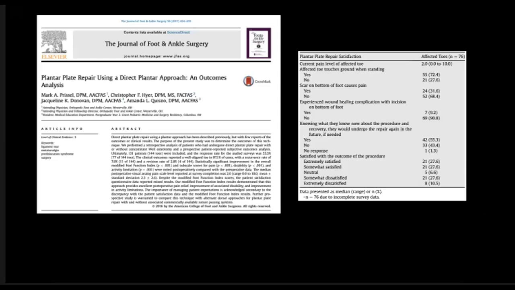But you know, plantar plate insufficiency pathology is not an easy thing to address surgically, and so whatever you feel comfortable with is the way I'd go with this.